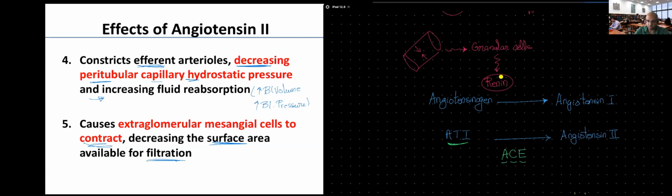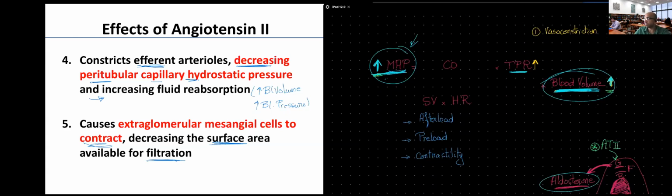This will stimulate the cells to release renin. Renin is going to convert angiotensinogen into angiotensin I, which gets converted by angiotensin converting enzyme, present in the endothelium of the capillaries, into angiotensin II, which is the active form of the hormone.